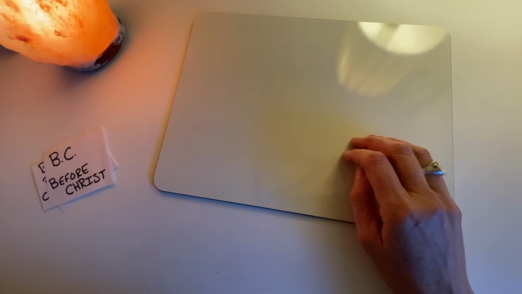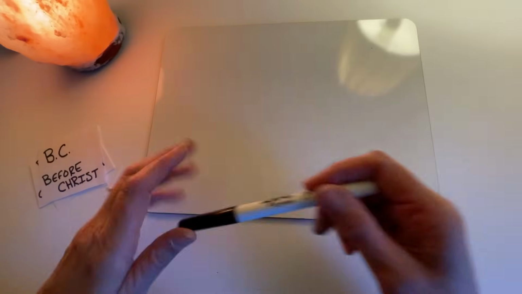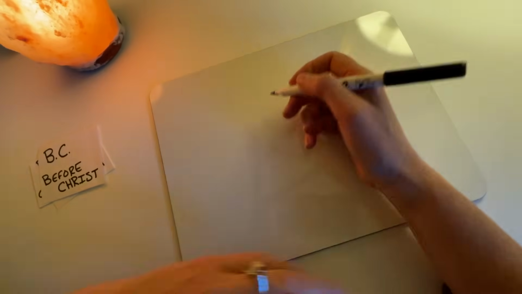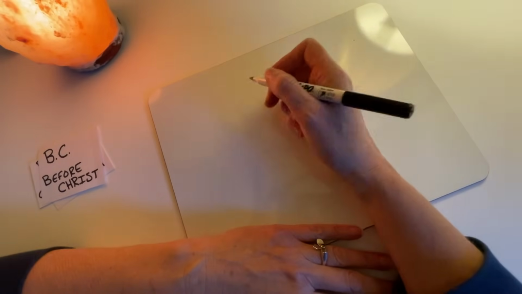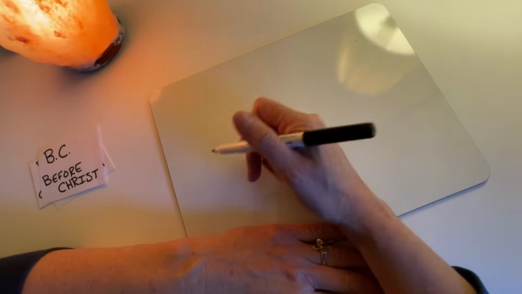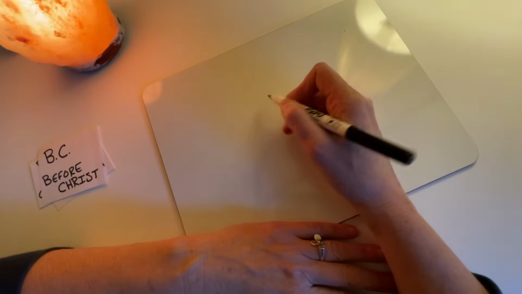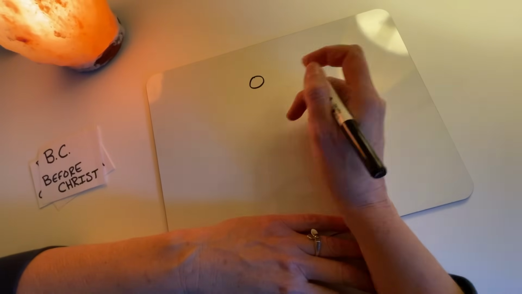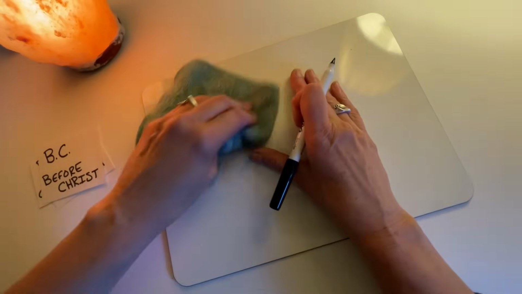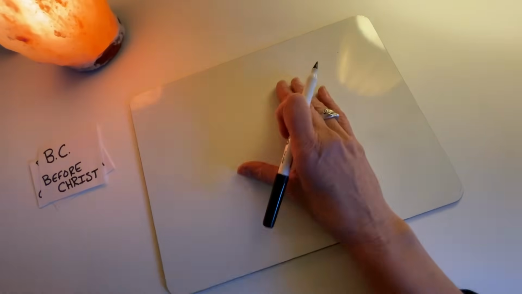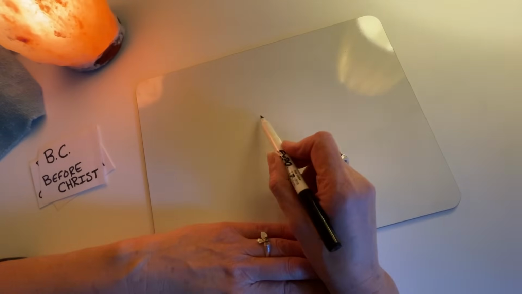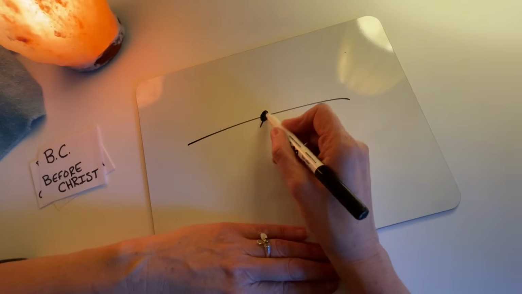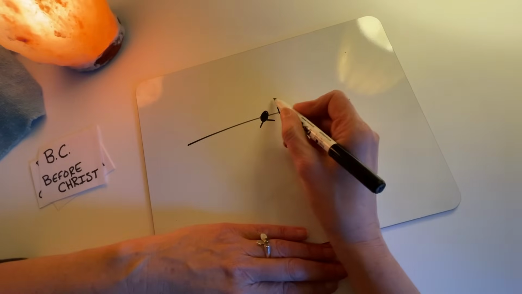I can't think of anything. Where's my pen? Here it is. So as far as I can tell, there isn't really, like I noticed online, some people starting it at year 0. I'm not really sure. Let me think about this. So here's Jesus' birth. This is year 1.